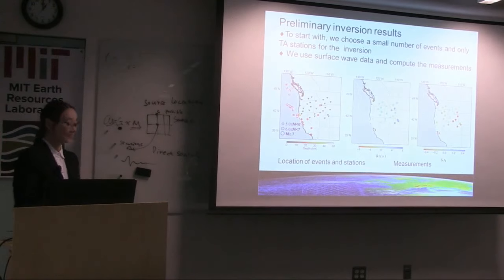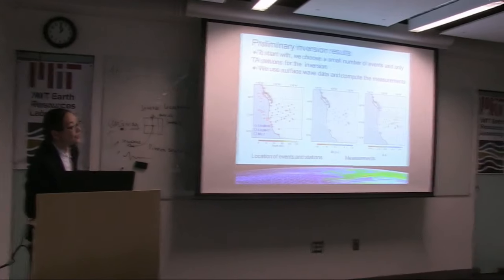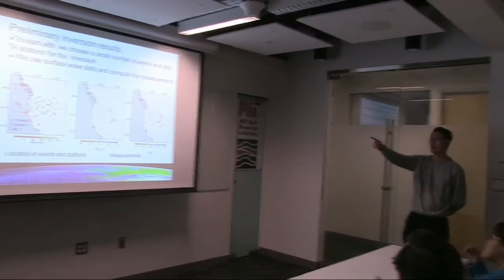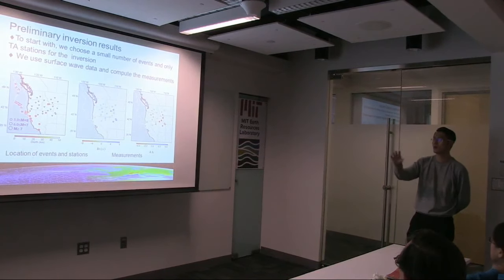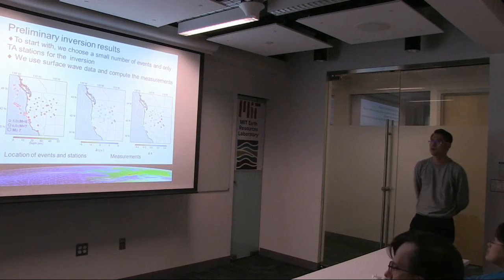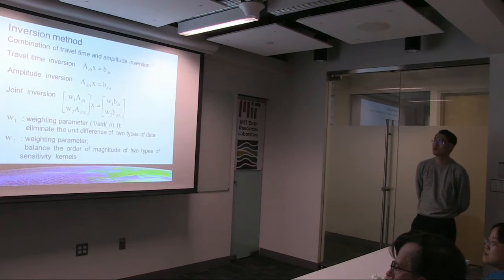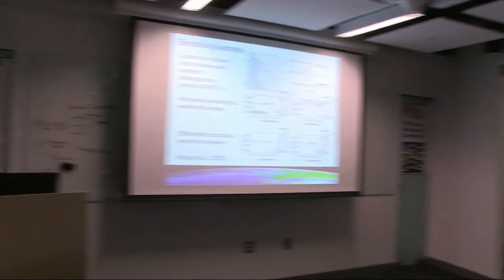So I have a question. How do you compute the strain Green tensor? You need to compute the backward wave field. The strain Green tensor actually is a little bit complex.